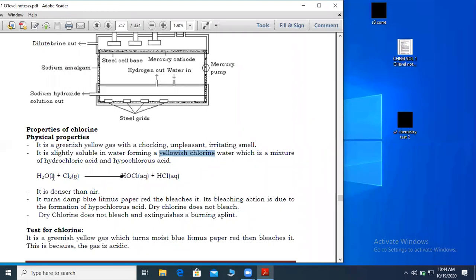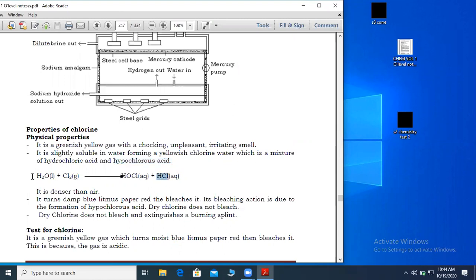This is very, very important. When chlorine gas is dissolved in water, it forms two substances. One of them is hydrochloric acid, and this is the formula of hydrochloric acid. And the other substance is hypochlorous acid. So a solution of chlorine in water is acidic because it contains hydrochloric acid.